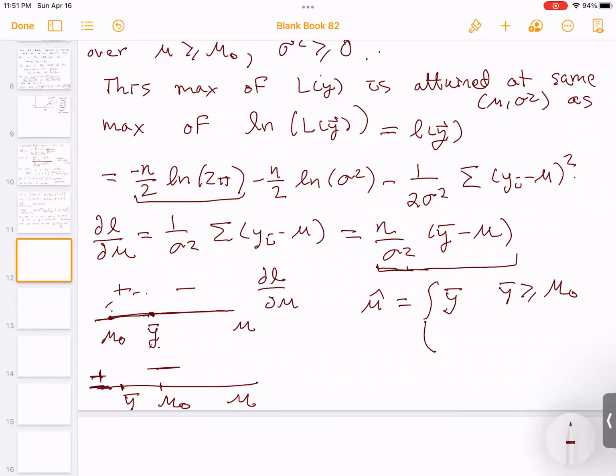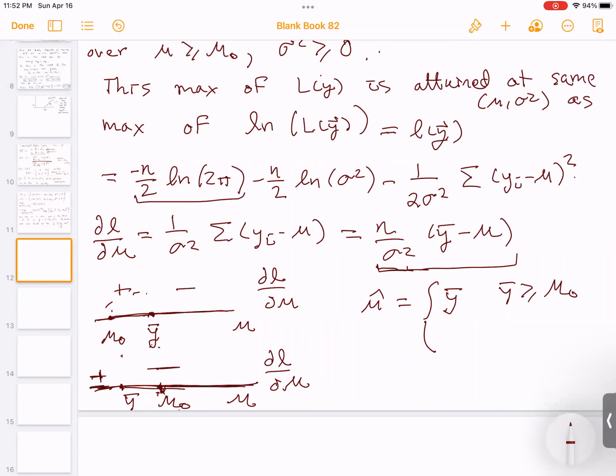But I don't want to put in y bar anymore because you're starting at mu 0. So L is decreasing: as soon as mu is bigger than y bar, the likelihood goes down. So you just want to pick the smallest, the leftmost point here. You don't want to pick y bar because that's not even possible.